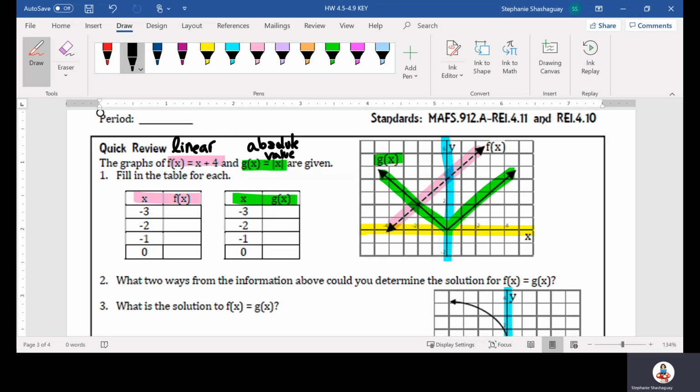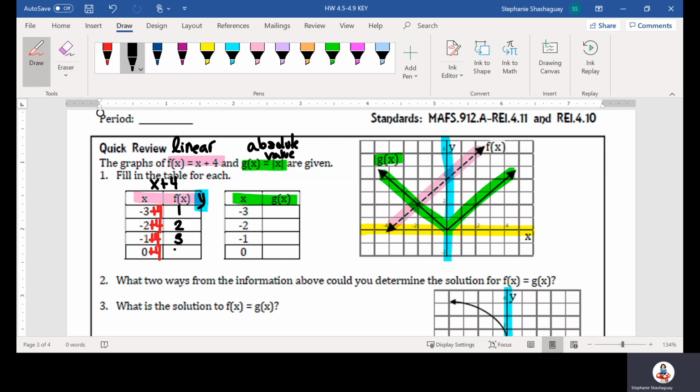So if I have f of x is equal to x plus 4, and they're giving me these x values, well, all I have to do is add 4 to each one, and I'll get my f of x, or my y values. So -3 plus 4 is 1. -2 plus 4 is 2. -1 plus 4 is 3.